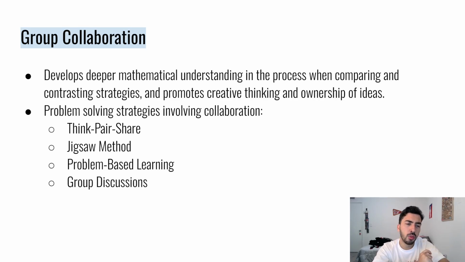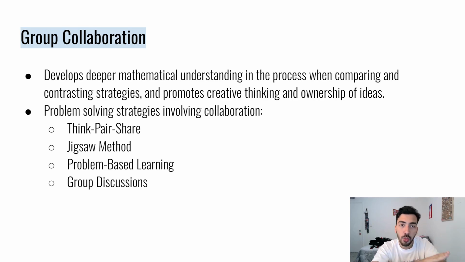And then some mini strategies for problem solving that involve collaboration. You can see think, pair, share. Before grouping, you have students think about the problem, then you pair them with different students, and then they share their solutions. You have the jigsaw method.